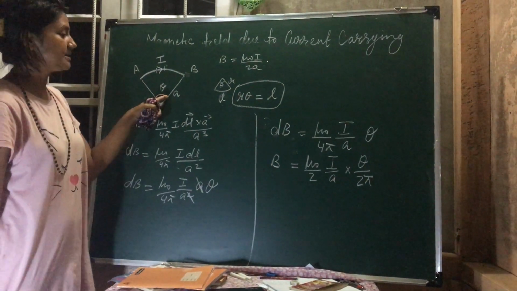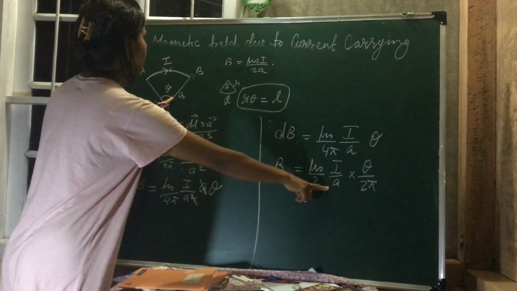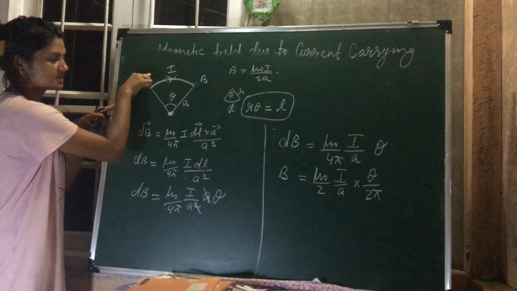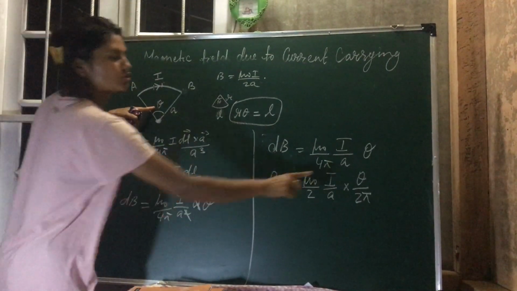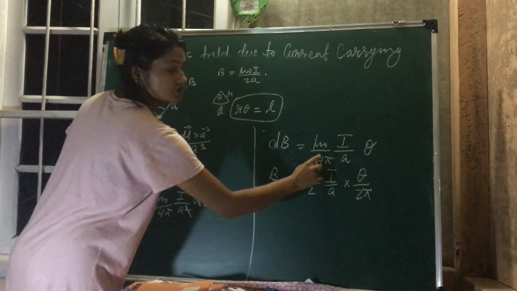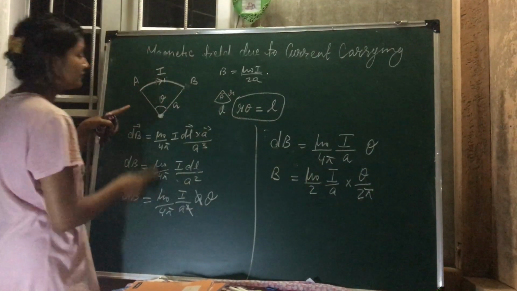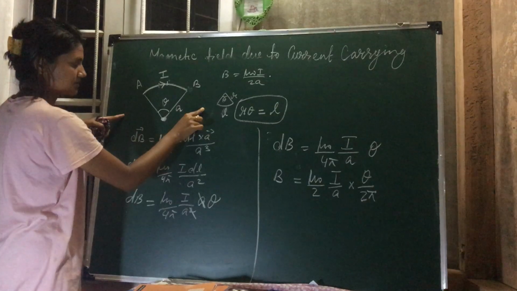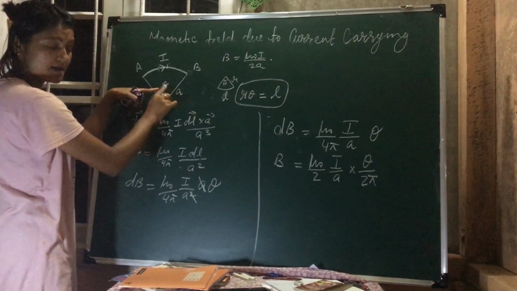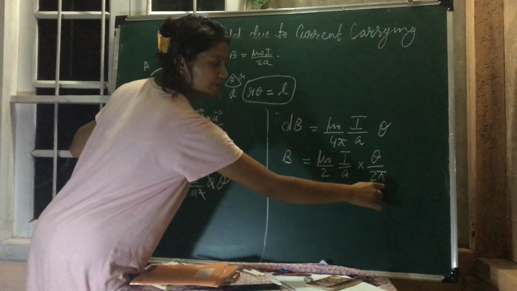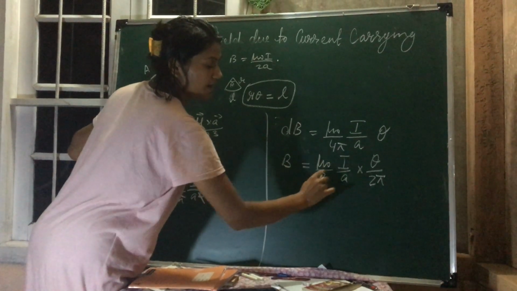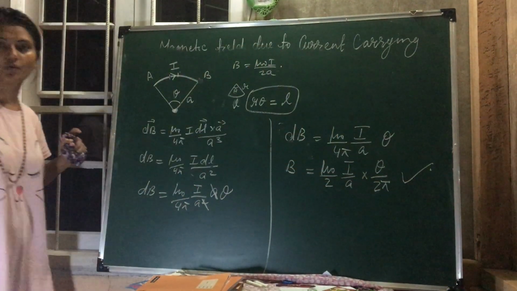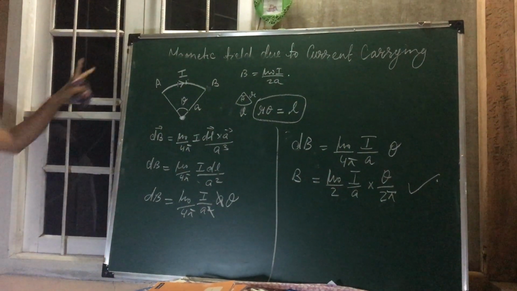For any angle theta, it's this formula. If theta is one full circle, theta is 2 pi, and 2 pi and 2 pi cancel out, so this relation comes. If theta is a half circle, theta is equal to pi, then pi and pi cancel out, and it will be mu 0 I by 4a. Actually, this is the more general form, so you can look at your notes and learn this one.